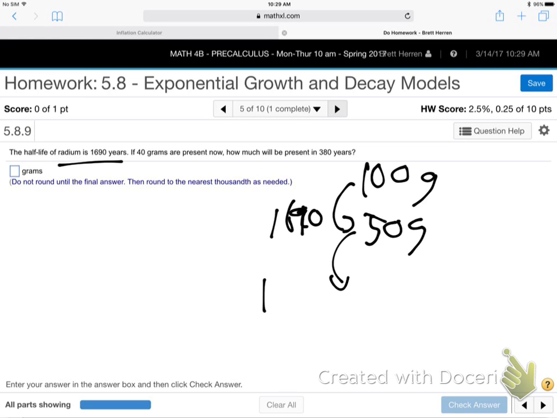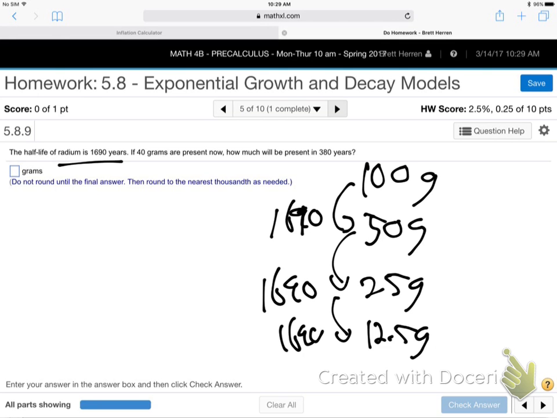And then if you wait another 1690 years, you'll have 25 grams. And then another 1690 years, you'll have 12.5 grams. Does that make sense? It's not the same amount going away, it's the same percentage, half, going away every 1690 years. That's what half-life means, how long till half is gone.